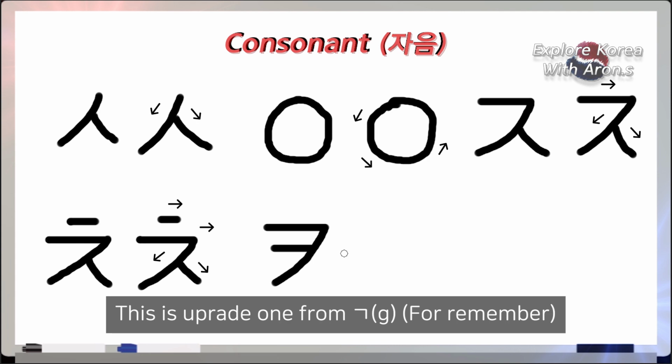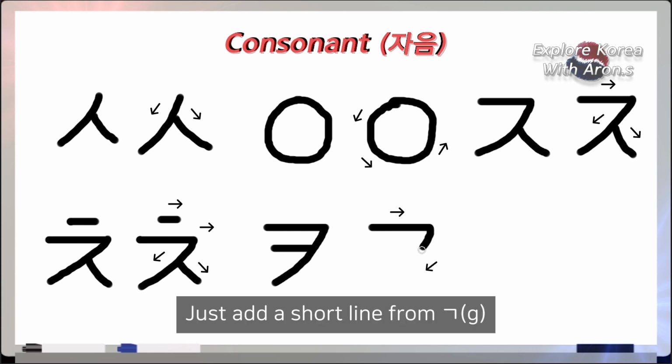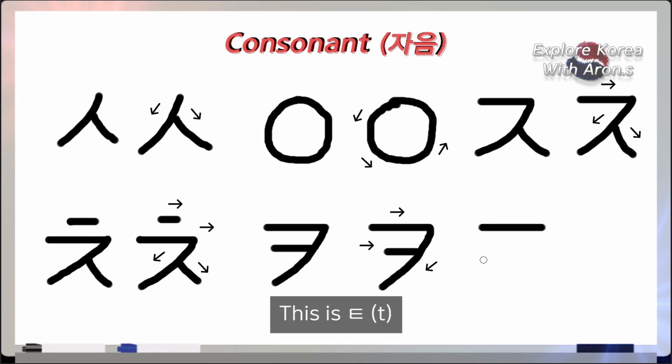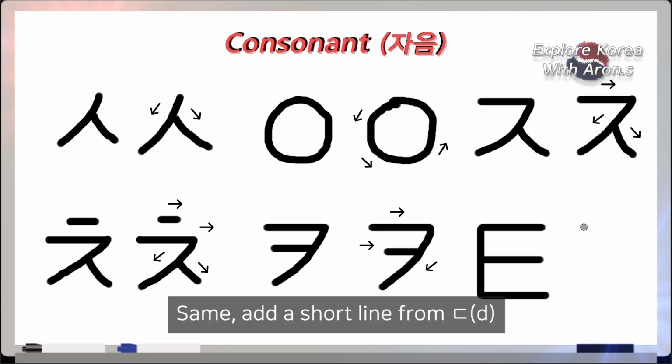This is an upgrade from G sound. Just add a short line to the G sound. This is T sound. This is an upgrade from D sound. Same, add a short line to this sound.